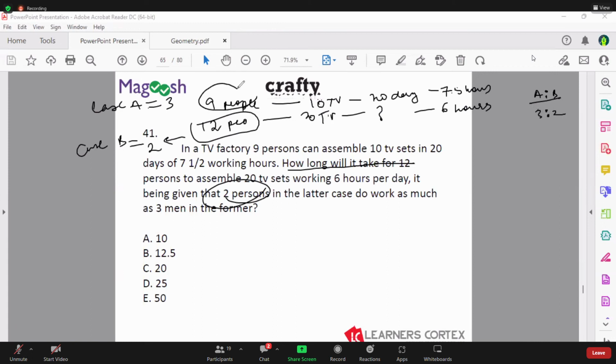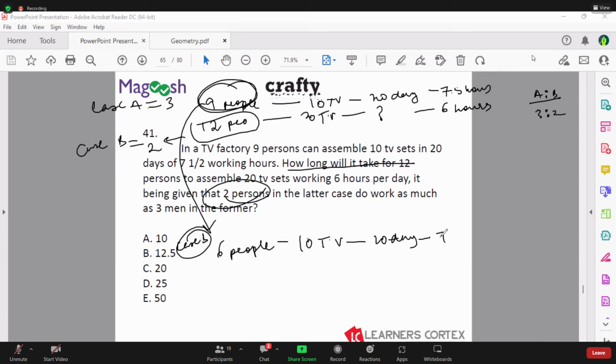So since it is 9 people, this can be written as 6 people from case B, or 6 people who are more efficient. So let's consider that 6 people from case B will make 10 TV sets in 20 days in 7.5 hours, right?